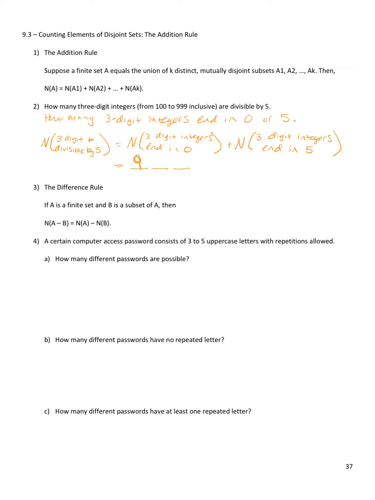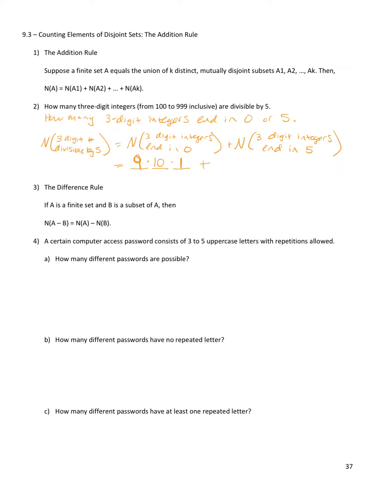So there are 9 options for the first digit. How many options for the second digit? 10, because we could have 0 through 9. And then for the third digit, if it has to end in 0, there's only one possible entry. Okay, so that's 90 three-digit integers that end in 0.